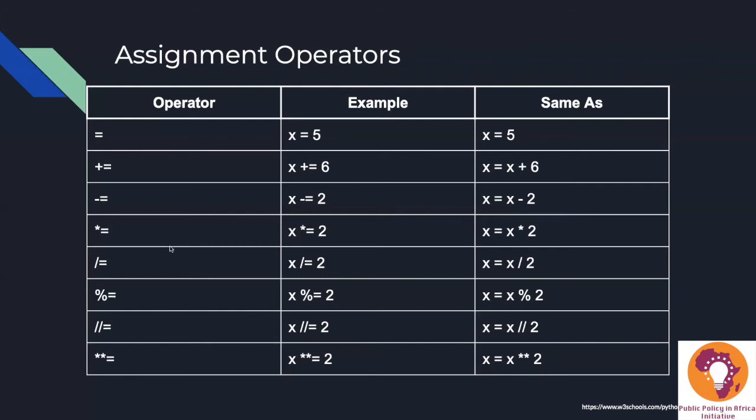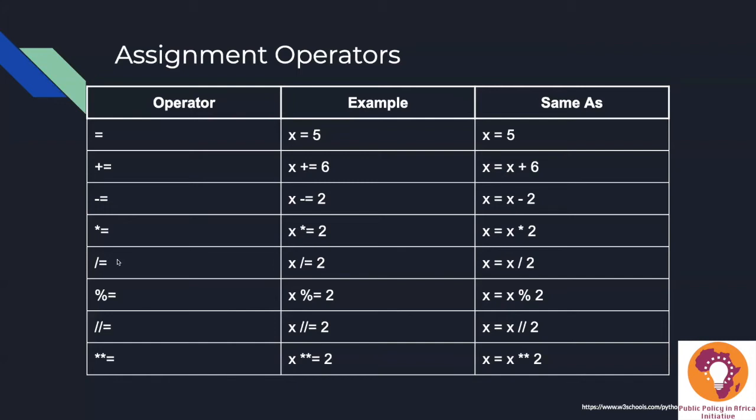We can do the same thing with times equals. So x times equals 2 is the same thing as x equals x times 2. Again, assuming 5, this would evaluate to 10. So we end up with 10 stored in the variable x after we do x times equals 2 when it started out as 5.